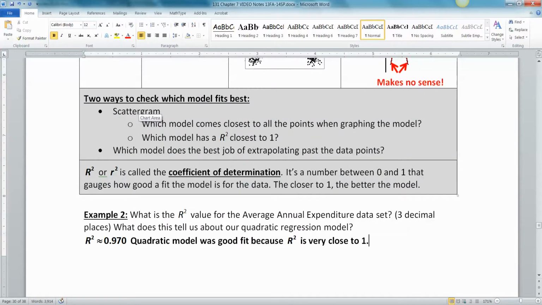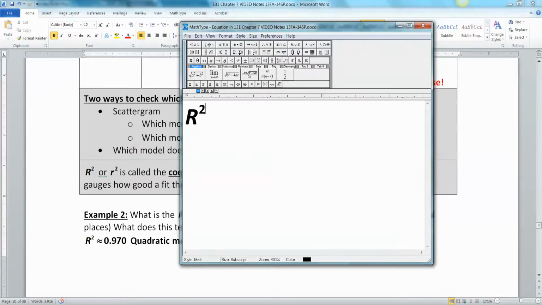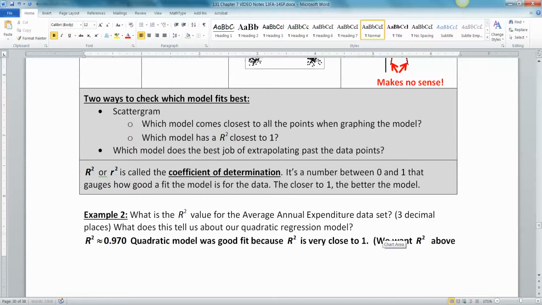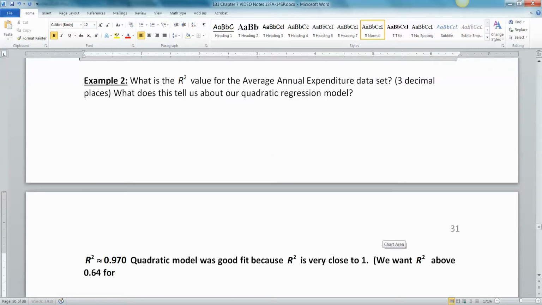In general, you want your r squared value to be above 0.64 or so. Being above 0.64 would be good, so we want r squared above 0.64 for a strong relationship.